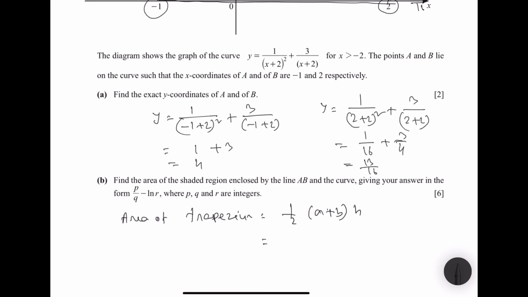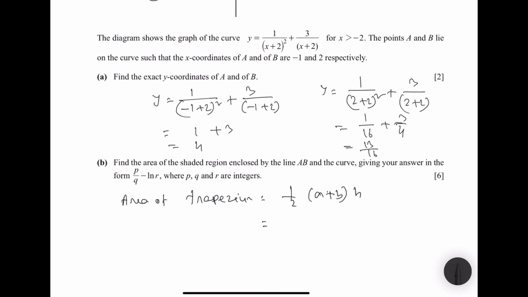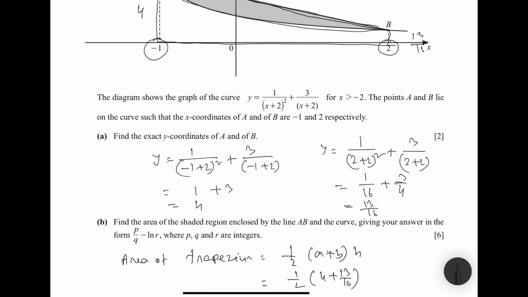Now let me write here, the sum of parallel sides is 4 plus 13 by 16, and the distance between parallel lines is 2 minus 1, that is 3.